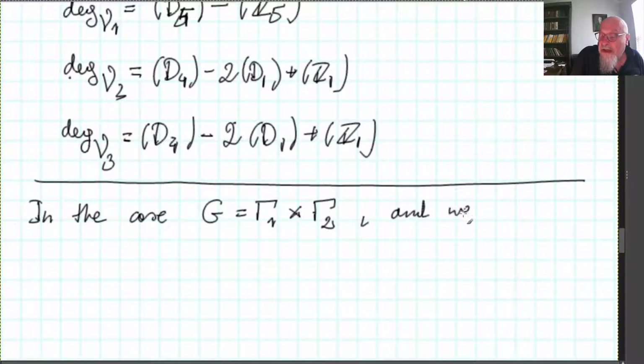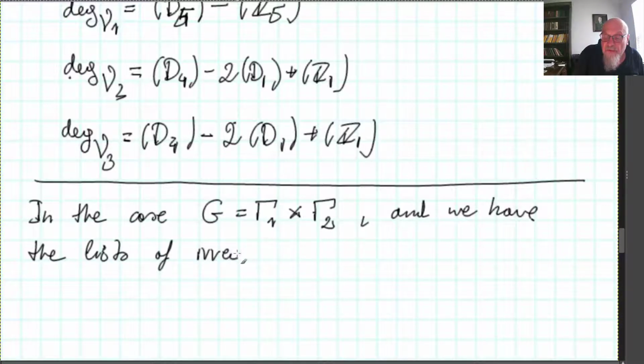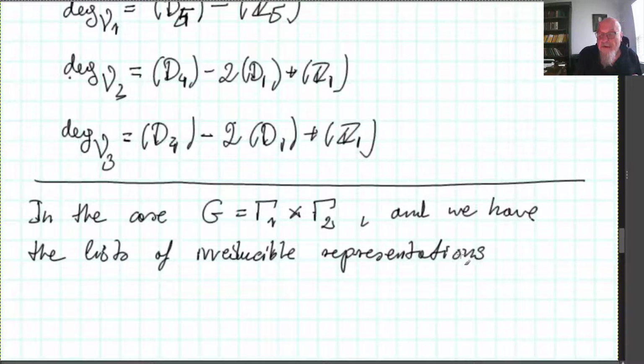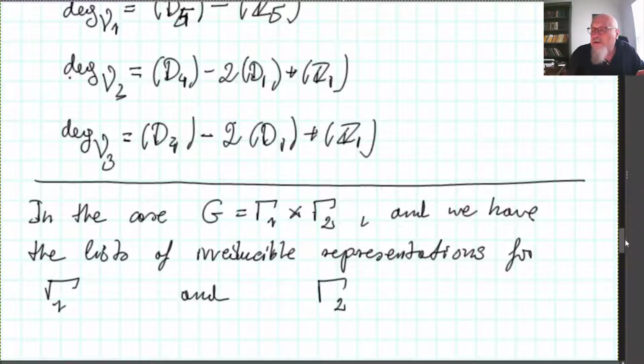And we know and we have the lists of irreducible representations for gamma 1 and gamma 2. And what is our list? So let's write it down. So here we have the list.